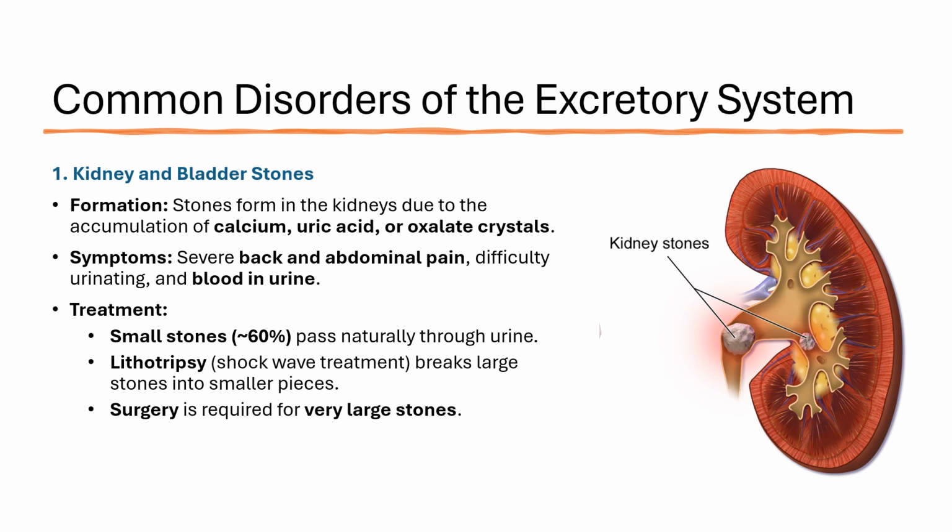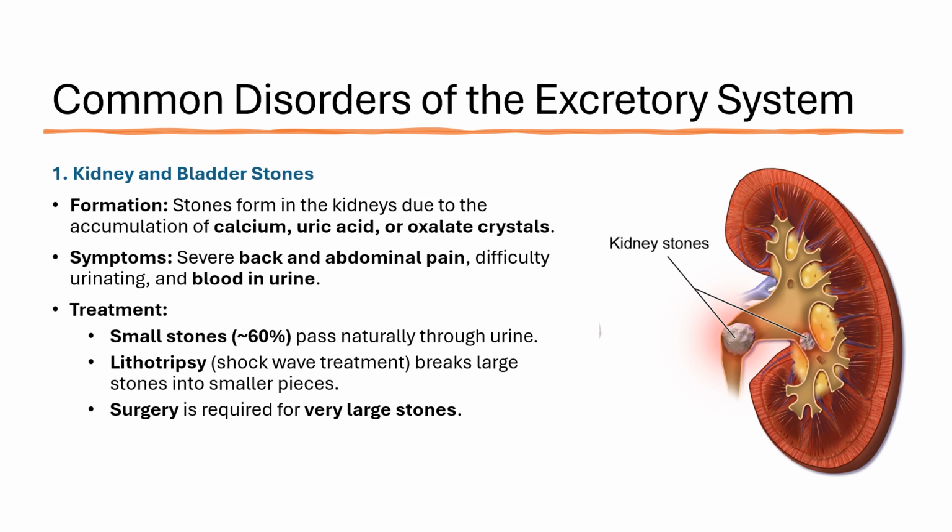The common symptoms are severe back pain, severe abdominal pain, difficulties in urinating and sometimes even blood in urine. Some of the treatments used for kidney and bladder stones: around 60% of the small stones, either in kidneys or bladder, pass naturally through urine, so drinking a lot of water might help.